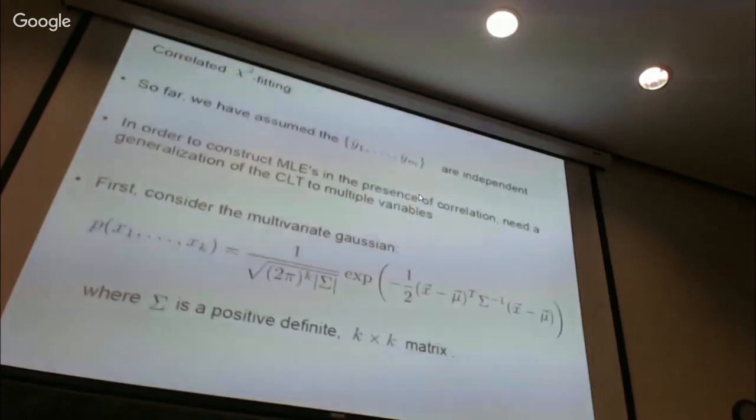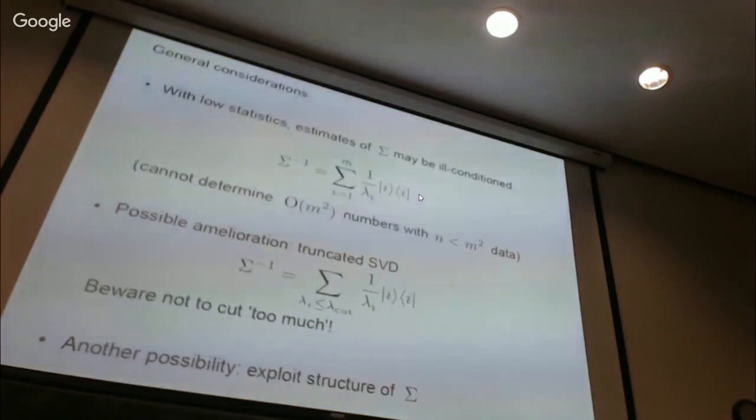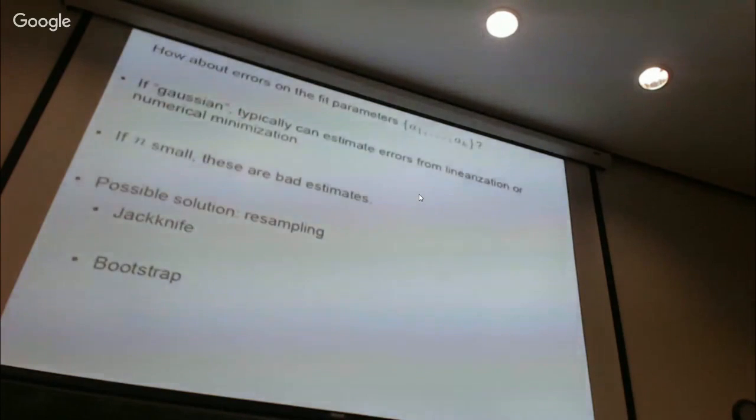However, what if you're not? If the number of measurements you have is small, then these naive estimates of the errors are typically bad. So one solution to this small statistics problem is resampling.